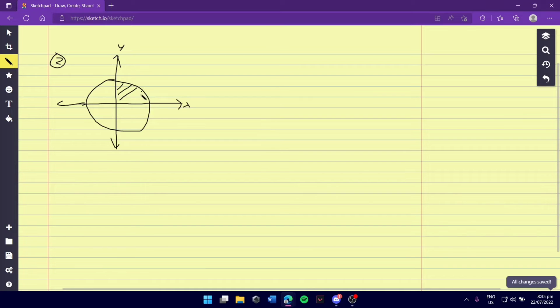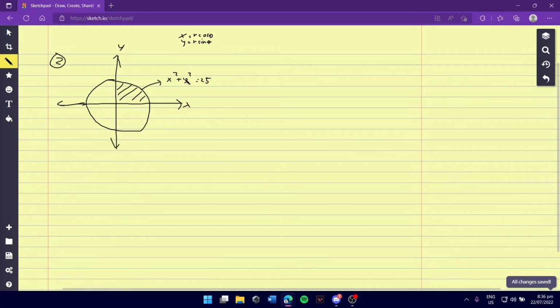So here, the quarter of a circle is x squared plus y squared is equals to 25. Right? So as we know, x is equals to r cosine theta, and then your y is equals to r sine theta.